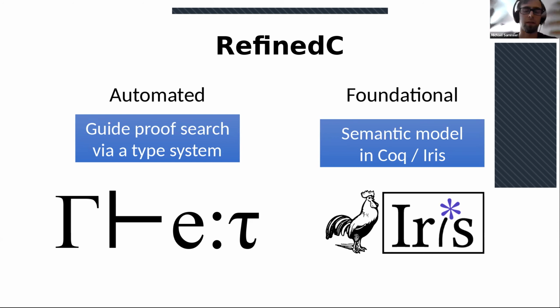One writes type annotations in the source code, and then uses this type system to do the automatic proof search, to do the verification of the C code.